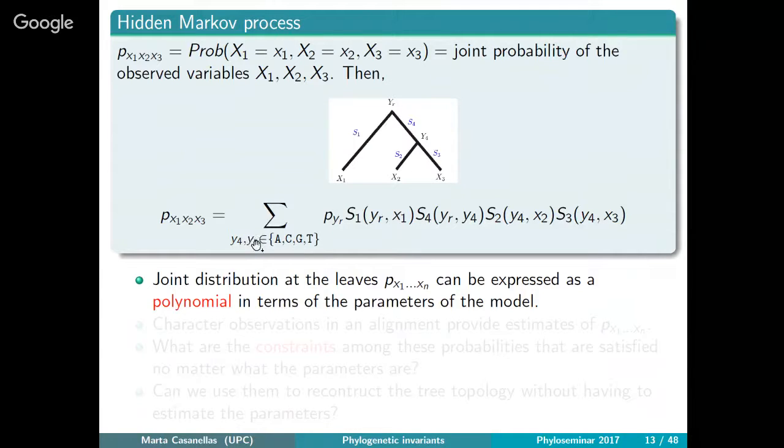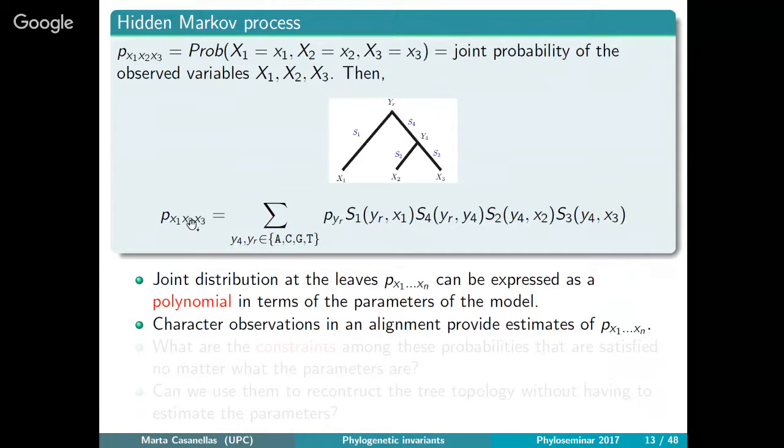I'm going to call YR the state at the root, Y4 the state at this interior node, and then multiplying by the corresponding entry of the transition matrices. If I had these nodes observed, then the expression would be only this, but as I don't have them observed, I have to marginalize over them, and I have this expression here. The good thing for people who used to work in algebraic geometry like me is that this is a polynomial in terms of the parameters of the model.